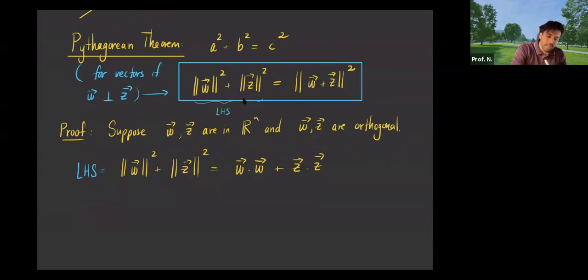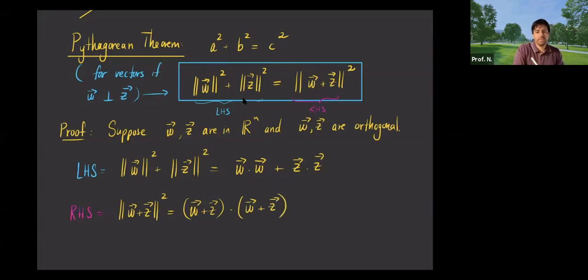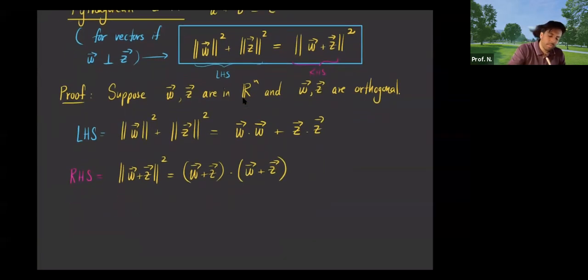Now, does the right-hand side equal the same thing? What does the right-hand side equal? We got the norm of W plus Z squared. According to what we just said, the norm of W plus Z squared should equal what? W plus Z dot product with W plus Z. So what is this going to equal?